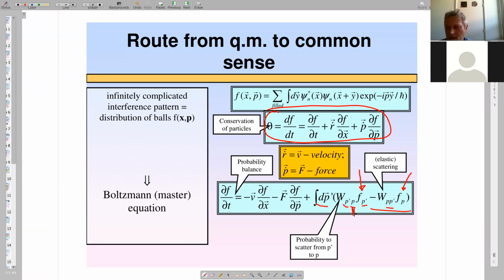We will also see this when we talk about Coulomb blockade and transport there. Good. So what equation do we reach? It is called the Boltzmann equation, or in more general terms, the master equation. An equation for probabilities under these circumstances.